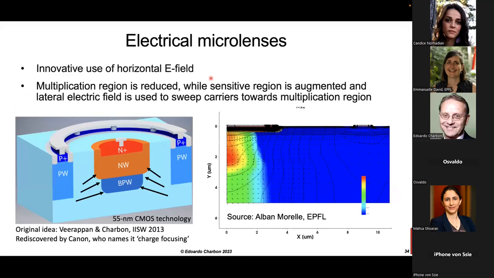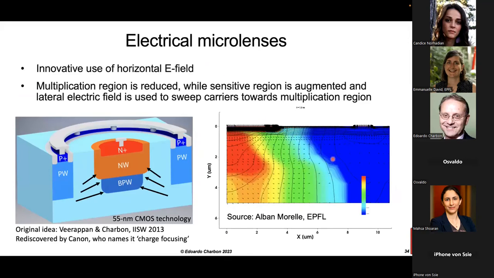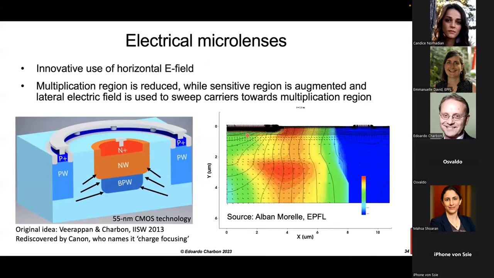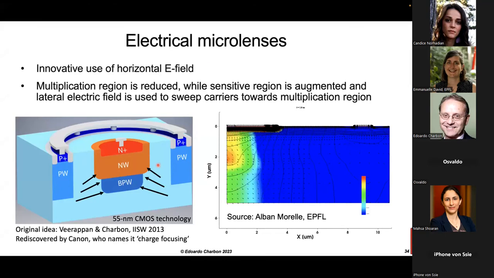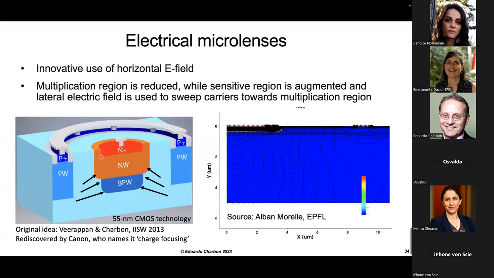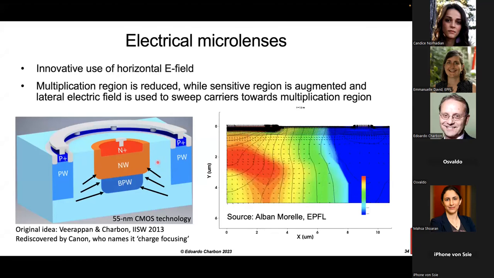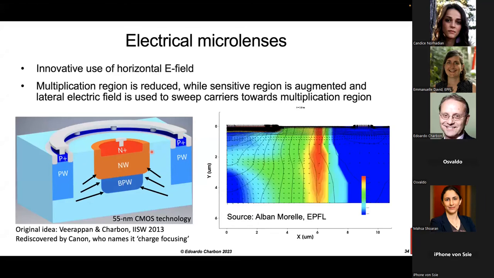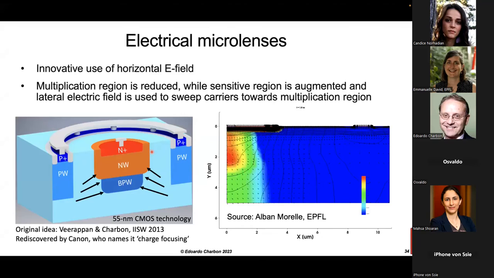You can also implement micro lenses electrically by creating a horizontal electric field that will lead the detected electrons into the multiplication region. That has a double advantage. The first one is that it can reduce the multiplication region, thereby reducing the DCR. And the other is that, in principle, you can reutilize all the space that was not sensitive to light.